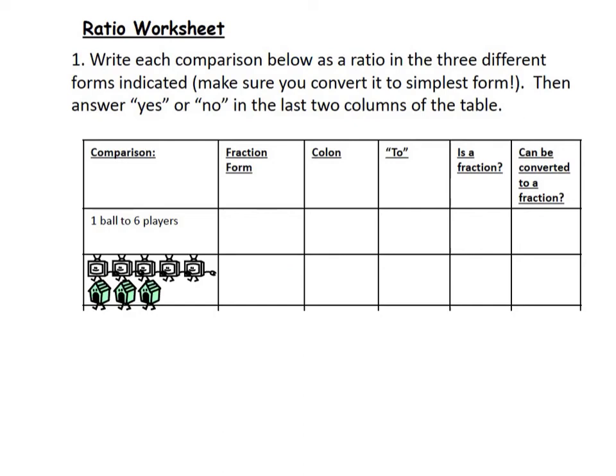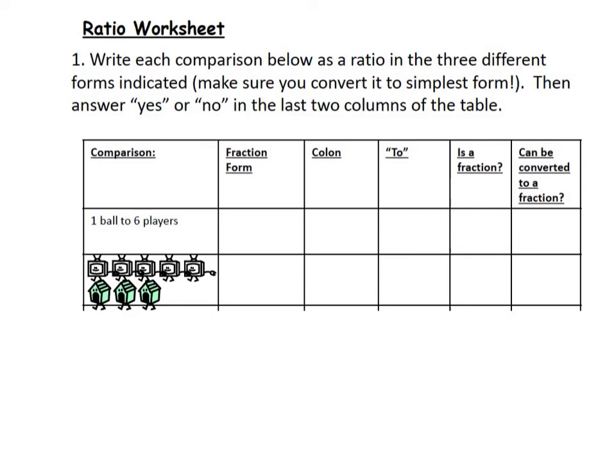Then answer yes or no in the last two columns of the table. So we need to write the ratios in fraction form, with a colon, and with the word to. And then we need to answer the question, is it a fraction or can it be converted to a fraction?